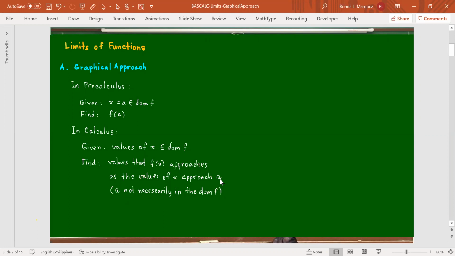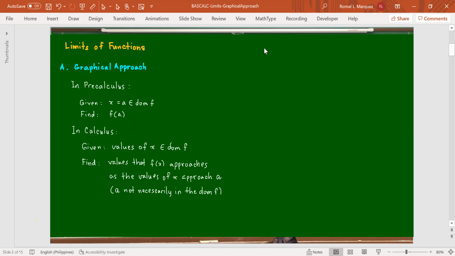Okay, so again, in pre-calculus, normally we're given an x value, which is in the domain of f. We are interested in determining the value of the function at a. But in calculus, given values of x in the domain of f, we are interested in the values that f of x approaches as the values of x approach a, where a is not necessarily in the domain of f.